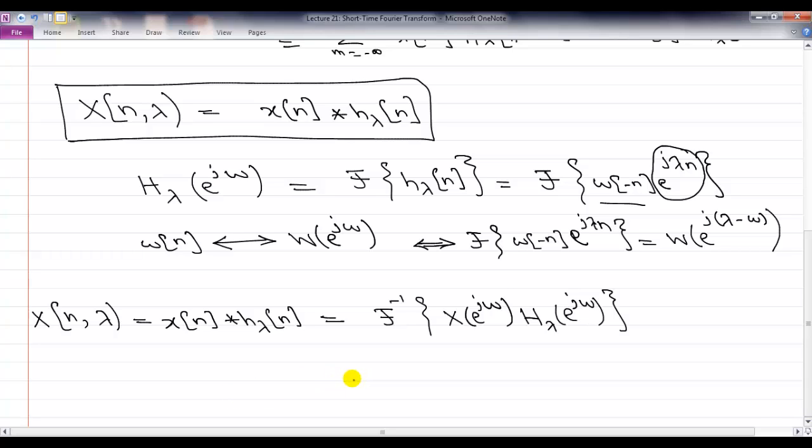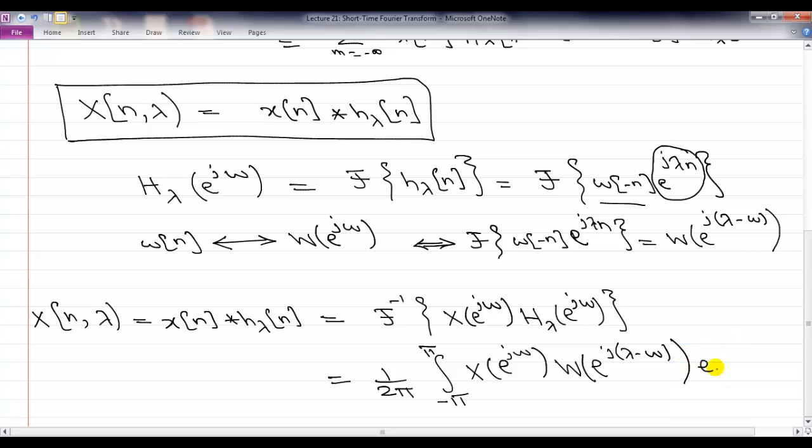Now, that is equal to 1 over 2 pi, integral from minus pi to pi. So I'm just now using the inverse Fourier transform formula, X(e^{j omega}) W(e^{j(lambda minus omega)}) e^{j omega n} d omega.